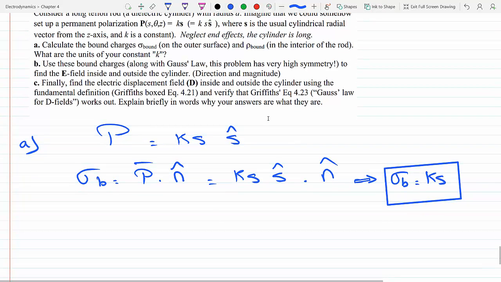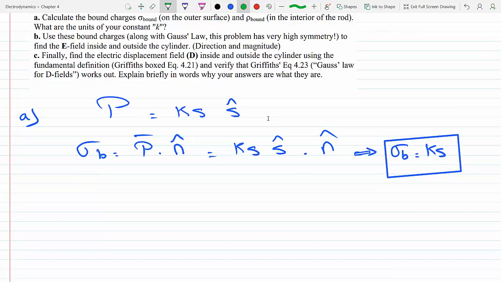Okay, let's find rho bound, right? The volume charge. So we know that this is minus the divergence of P, and so this would be minus the divergence of Ks.